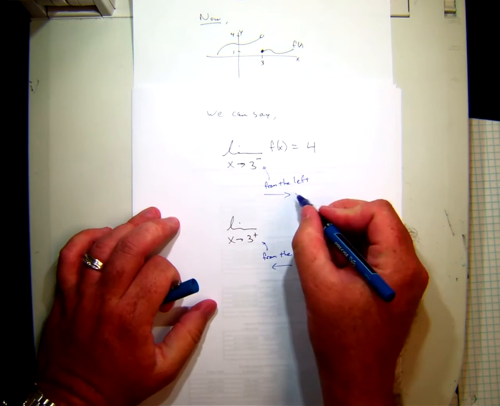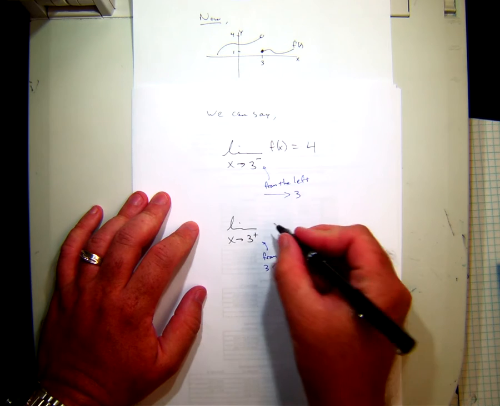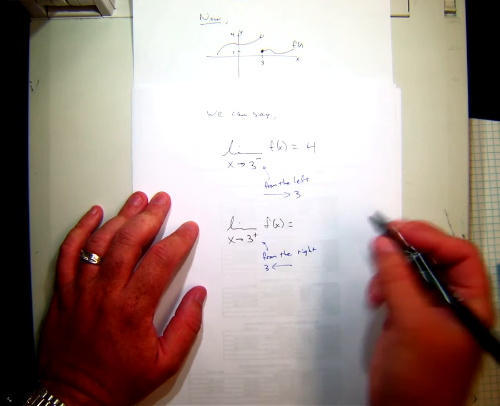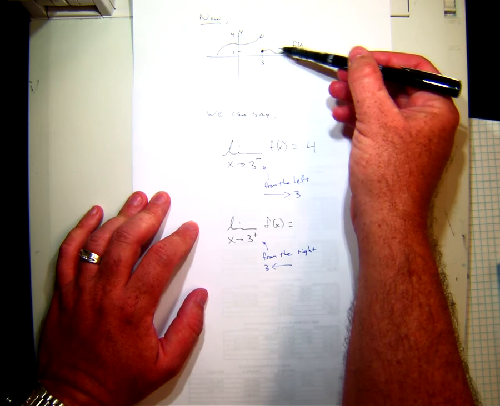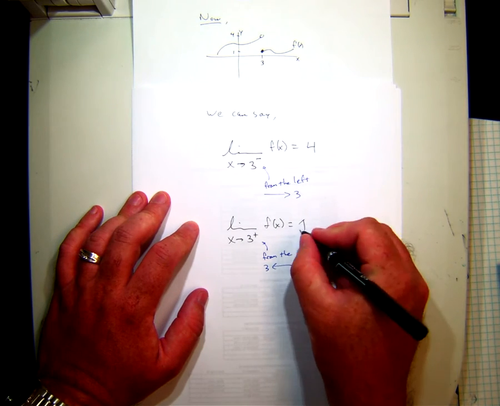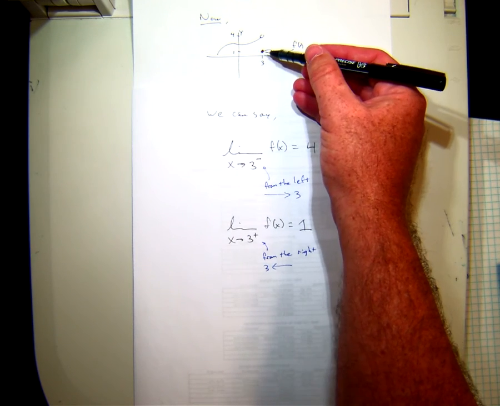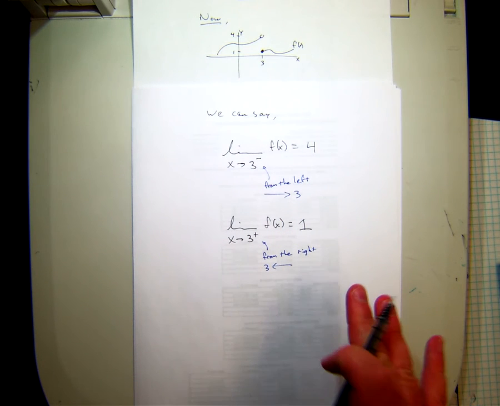I'm going to put little 3's right here. So what height are we approaching as we come from the right? We're approaching a height of 1. Does it get there? Yes, but I don't care about that. Limits don't care about what we're actually getting to. All they care about is that we're getting towards something.